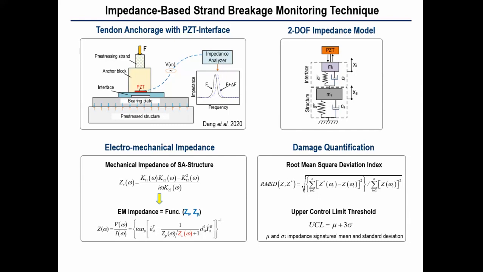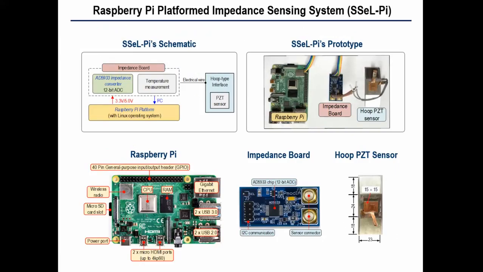Next, in figure 4, it is important that we use the damage index, the root mean square deviation index, to quantify damage based on the change in impedance signature before damage Z and after damage Z star. And we use the upper control limit to alarm whether damage occurs or not.